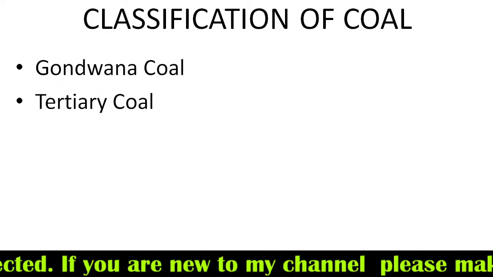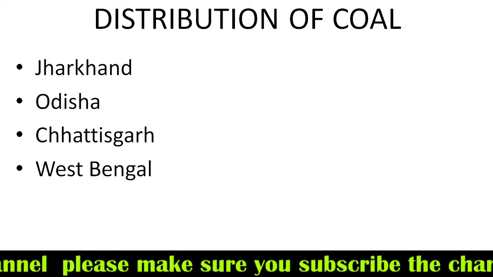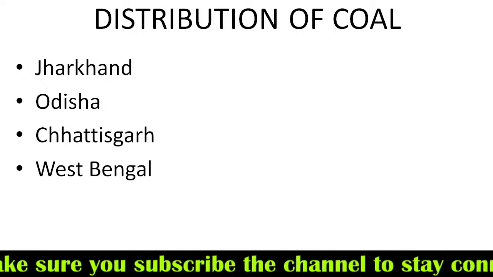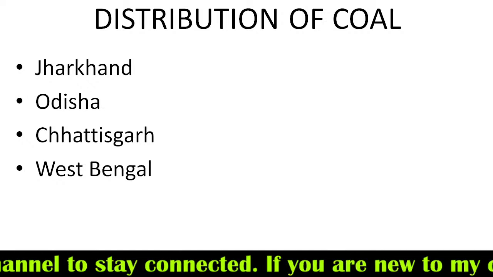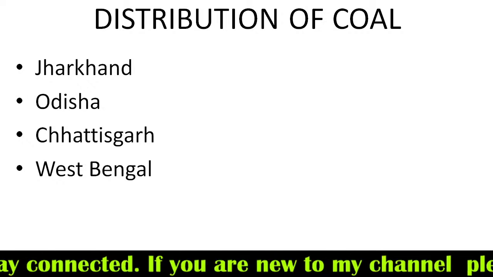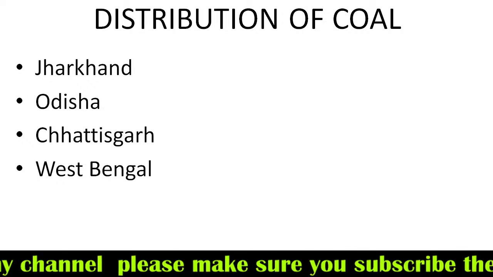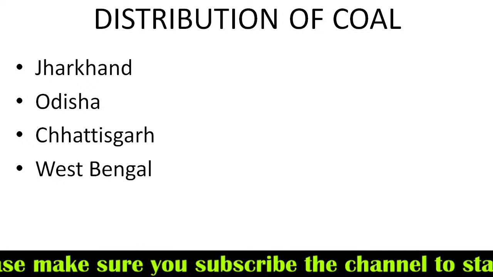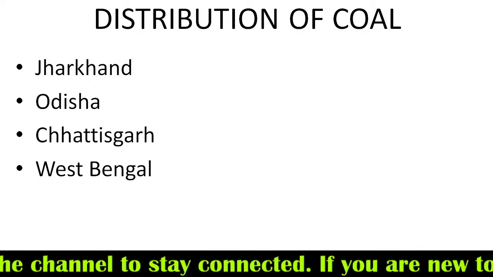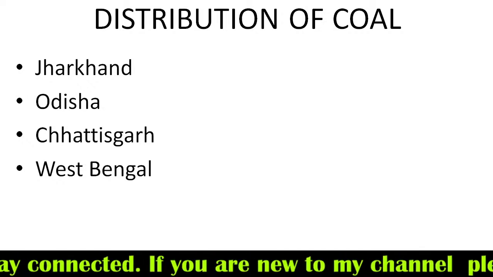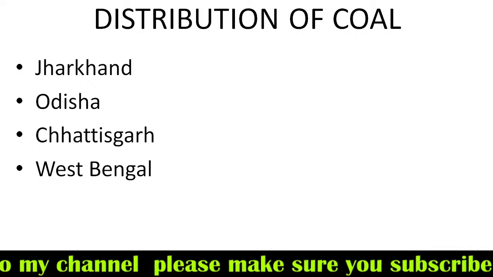And when we talk about the coal, it is certainly Jharkhand, a very important state, and in this the prominent places connected with the production of the coal: Jharia, Bokaro, Giridih, Karanpura. These are all prominent coal fields of Jharkhand.